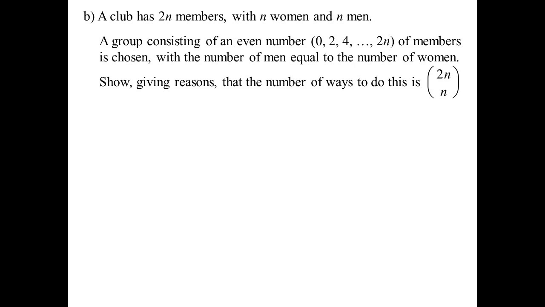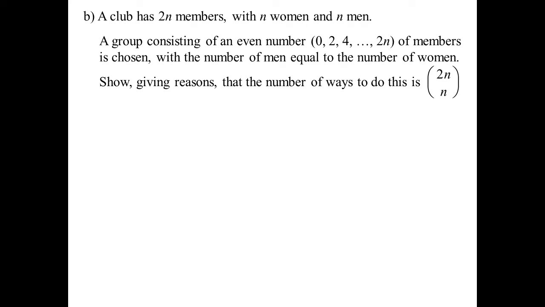Because it then turned it into a combinatorics question. And said, all right, you've got a club, and your club has 2n members, n women and n men. A group consisting of an even number of members. So, interestingly, they're saying 0 is a group. I wouldn't call that a group.